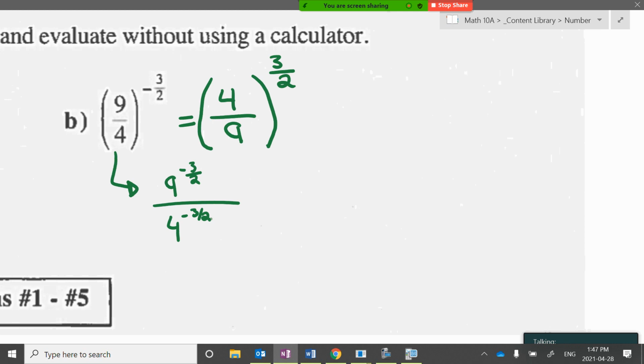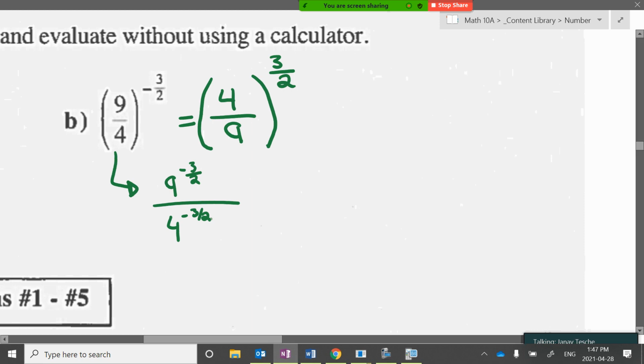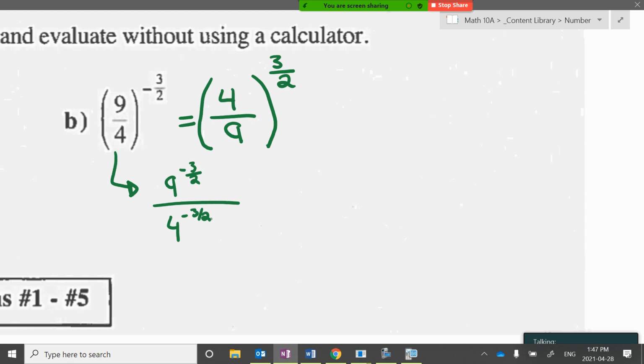If you have a negative fraction you just flip it again and it's positive. No, the flipping only works with exponents, not with negatives. And that's why it's so easy to make mistakes. If you have a negative base, or your number is negative, it just sticks with that number. Flipping only works with exponents. It's tricky. There's a lot of little nuances in this unit.